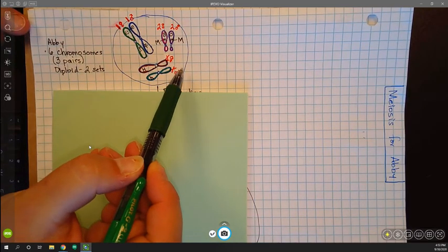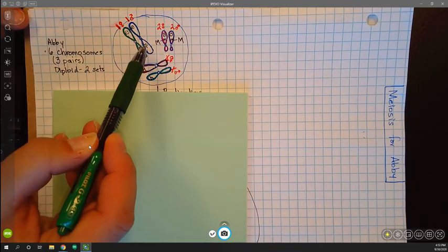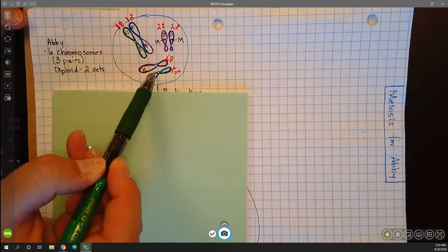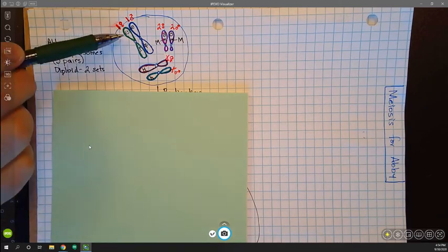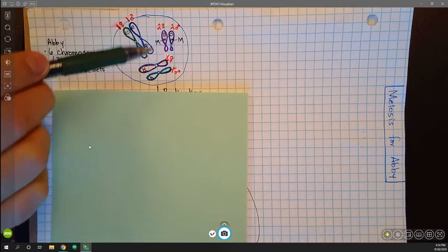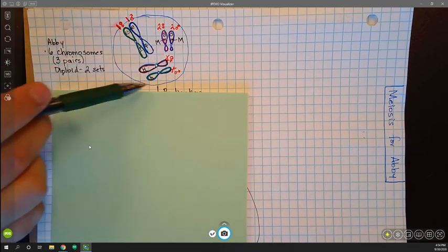Within this cell, there are 3 sets of chromosomes. And if you remember from the Google Doc, we saw that the Sesame Street characters, the Sesamus Muppetus, all had 3 chromosomes: chromosome 1, chromosome 2, and the sex chromosomes.